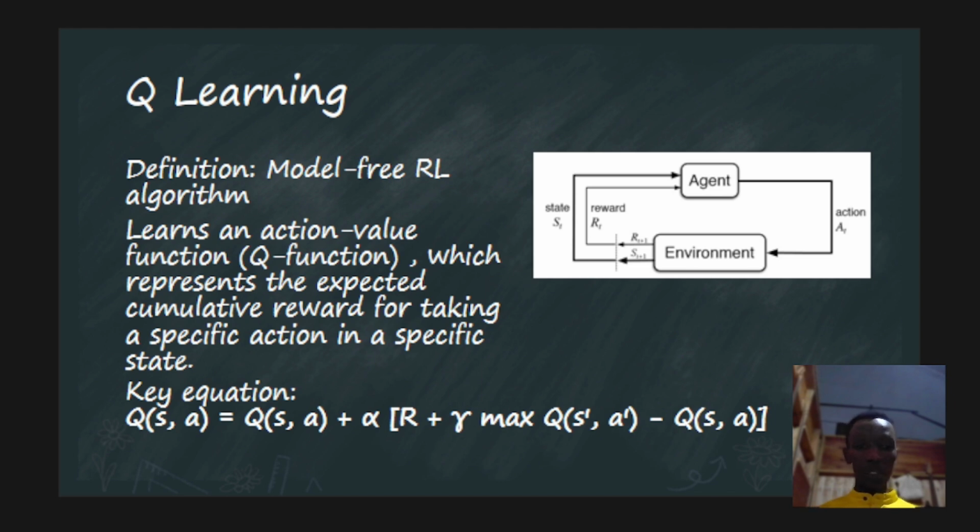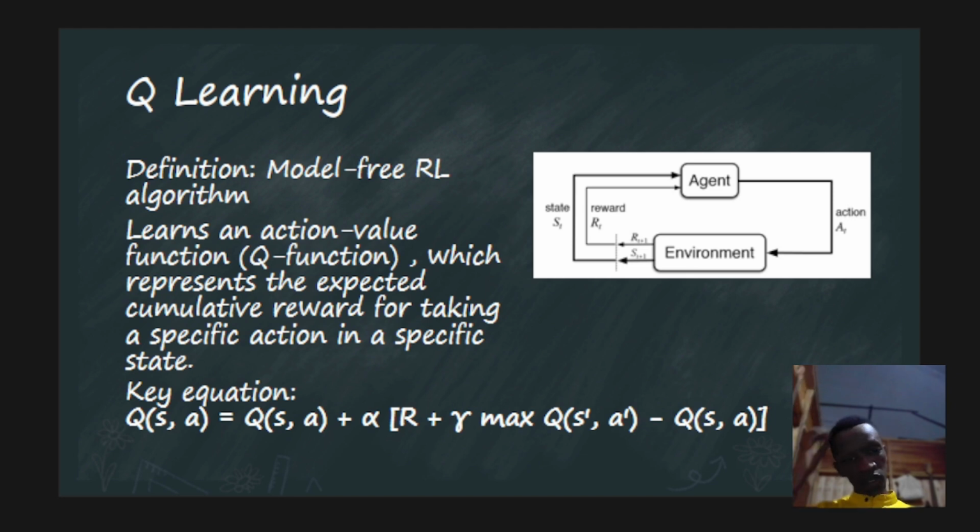When it is high, there is a focus on long-term rewards, and when it is low, there is a focus on short-term rewards. And lastly, we have the max Q(S',A'), the maximum Q value for the next state S'. This represents the estimated future reward for taking the best action in S'.